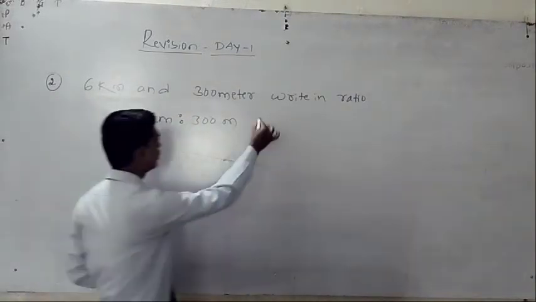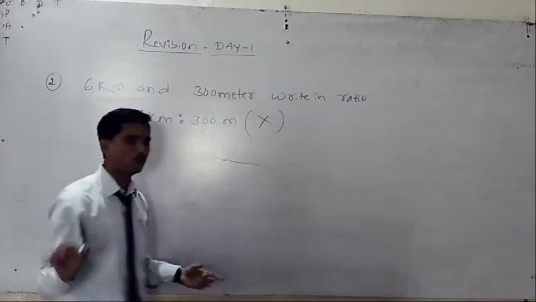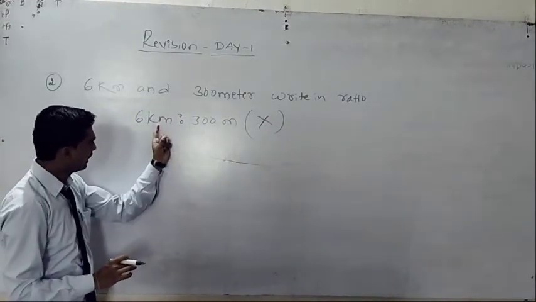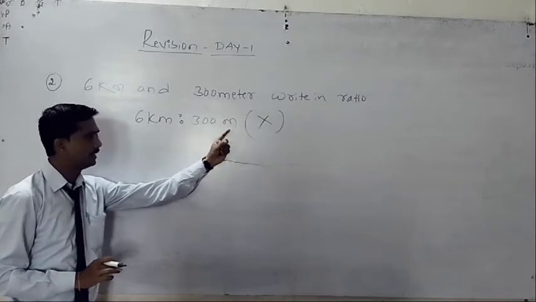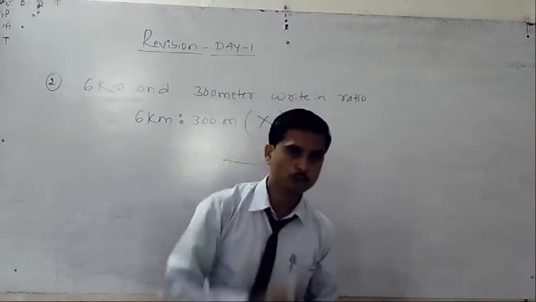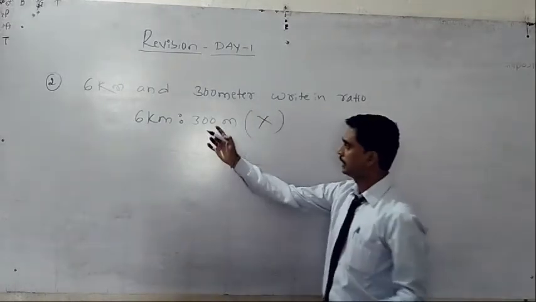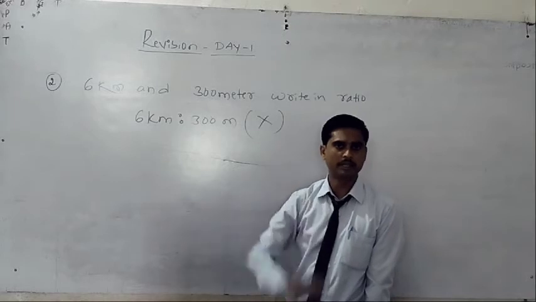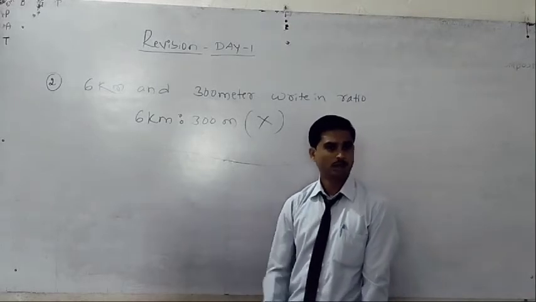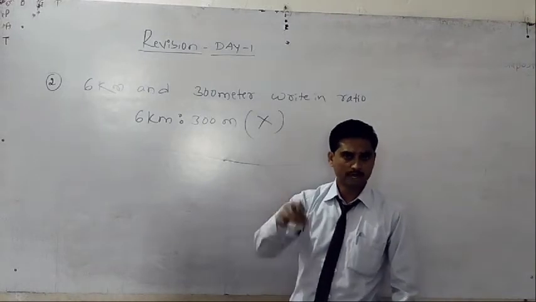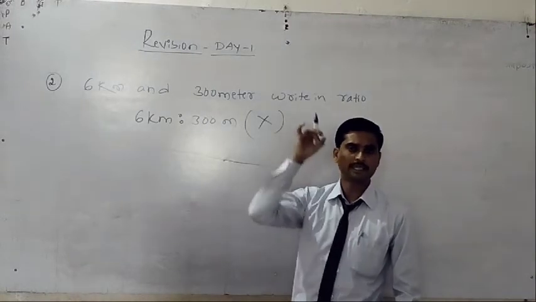Sir, it is wrong, sir. It is absolutely wrong. Why? Because, sir, here kilometer is there, here meter is there. It is not the same unit. One is kilometer and another one is meter. In a ratio, you should write only the same quantity.